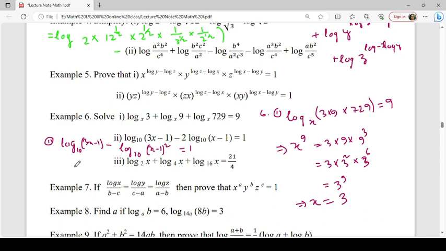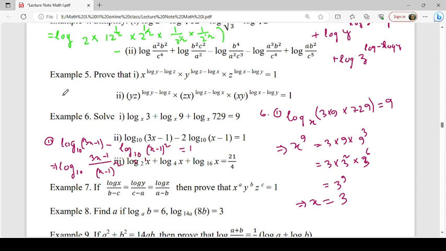Since log m minus log n is log of m by n, we have log to the base 10 of (3x minus 1) by (x minus 1) whole square is equal to 1.